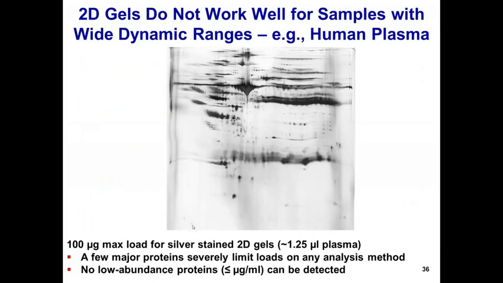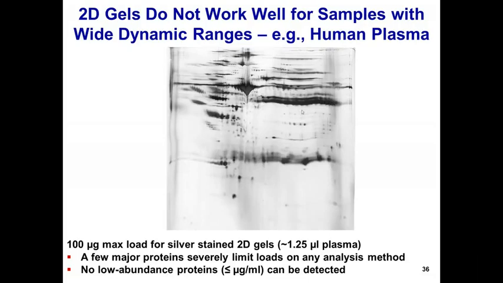2D gels are very sensitive to dynamic range, and so protein samples which have a wide range of protein abundances, such as human plasma or serum, are not effectively analyzed by two-dimensional gels because you can only load a small volume and you will only see the most abundant proteins. However, you'll note that these charge clusters and other trains are different molecular forms of the same protein.